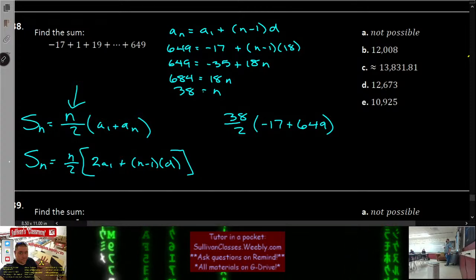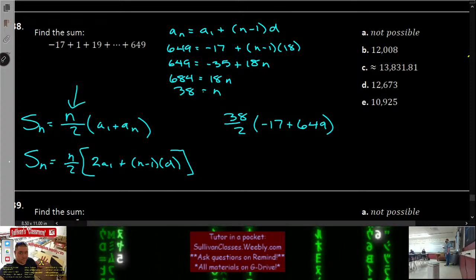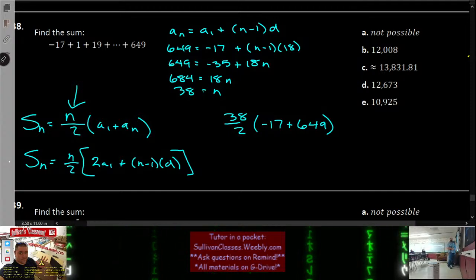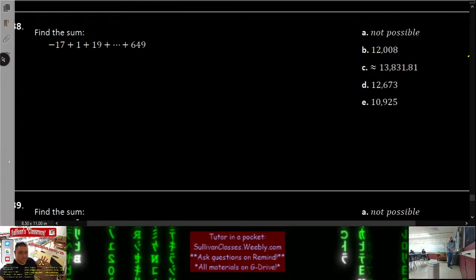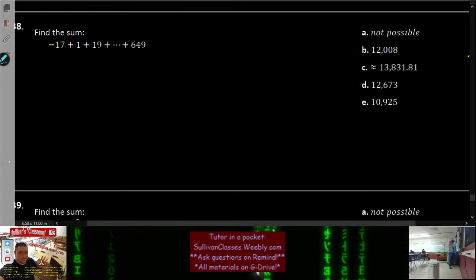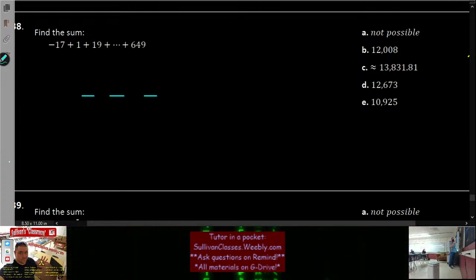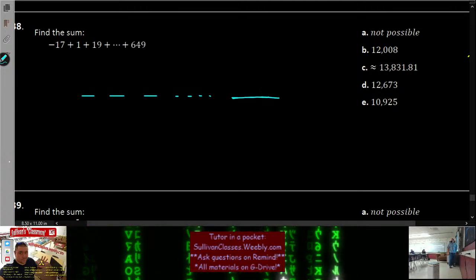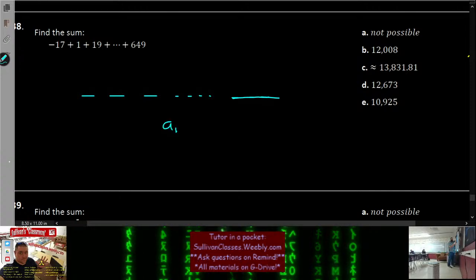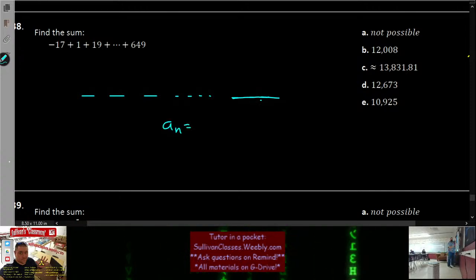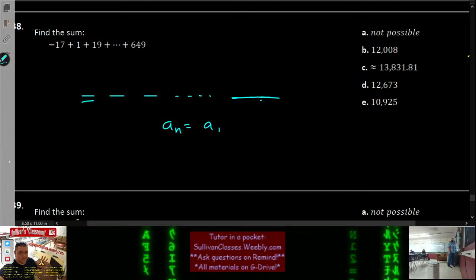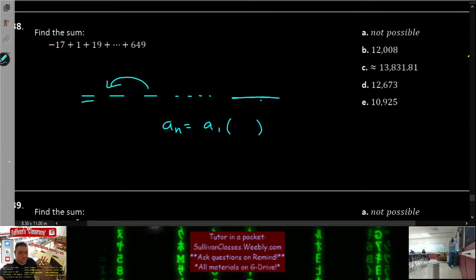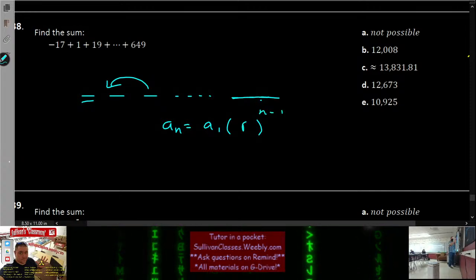How would we find n for the geometric? In a geometric, you have term, term, term, dot dot dot, term, right? And you don't know what's in the middle, but you do know a sub n. You do know a sub 1. You do know from any of the two terms what r to the n minus 1 is.